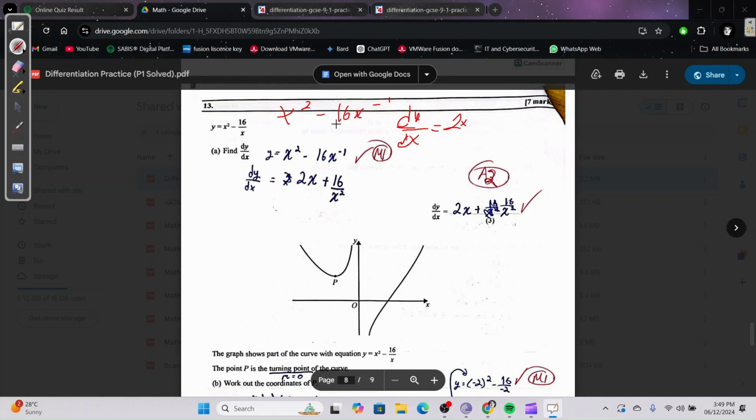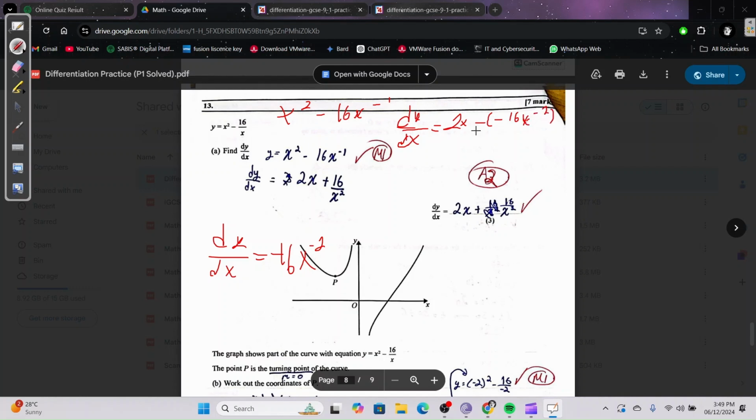First let's differentiate this on its own. dy/dx equals negative 16 x to the power of minus 1 times minus 1 subtracted from 1, it's going to be minus 2, right? Now this is going to be minus 16 x to the power of negative 2.